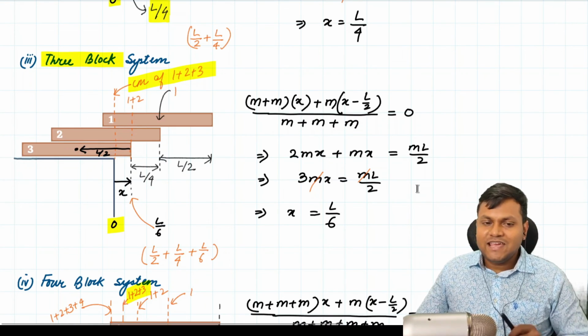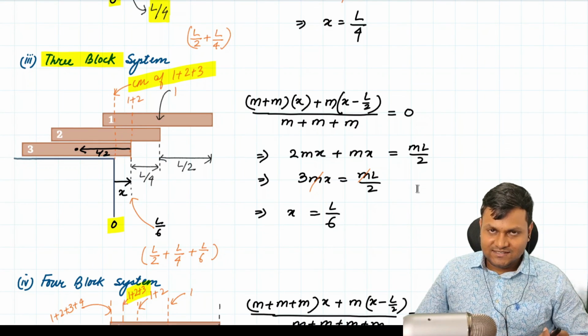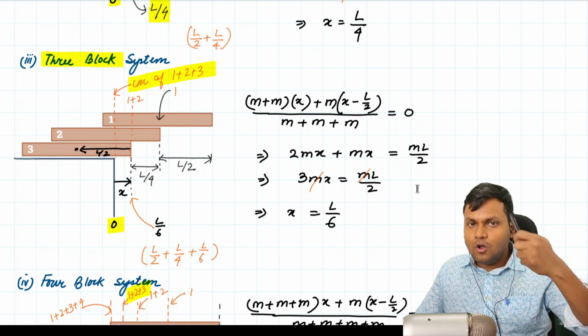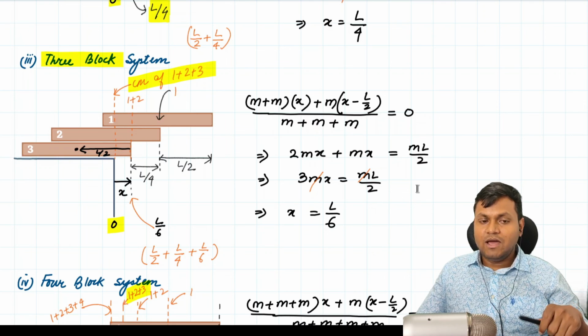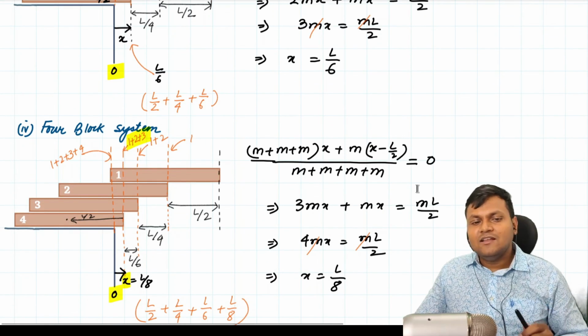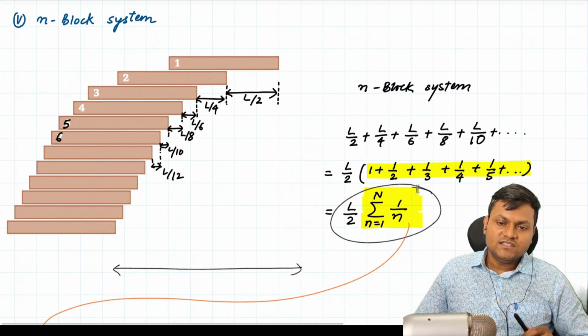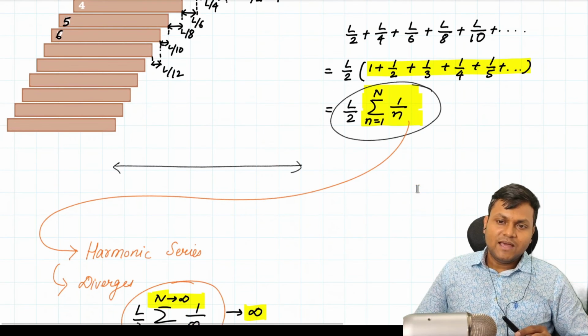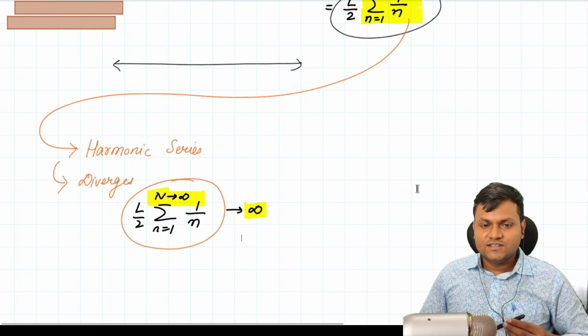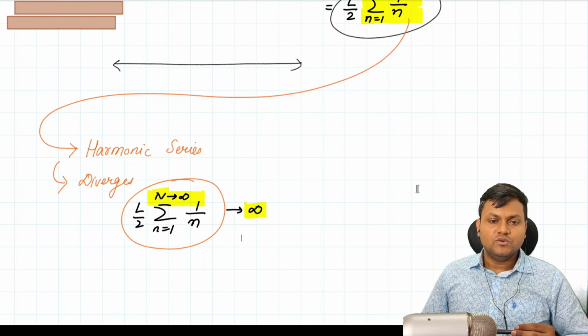And for the third block, the allowed length is L by 6, because in that case, not only will you have to balance the first block on block number 2, you'll have to balance 1 and 2 over block number 3, and you'll have to balance 1, 2 and 3 over the edge. And if you repeat this calculation over and over again, you see this emerging harmonic series pattern. It simply says that you can have infinite blocks and a maximum overhang tending towards infinity.